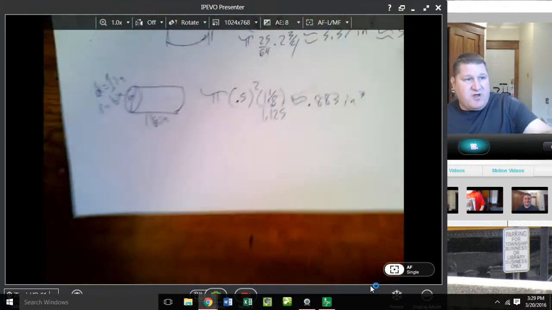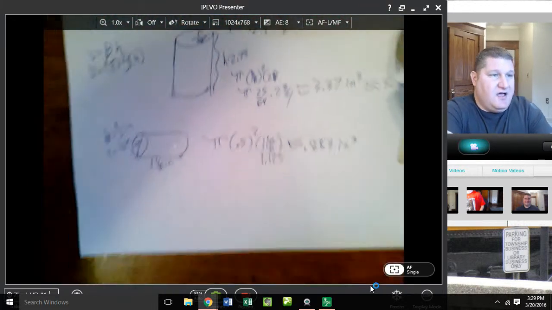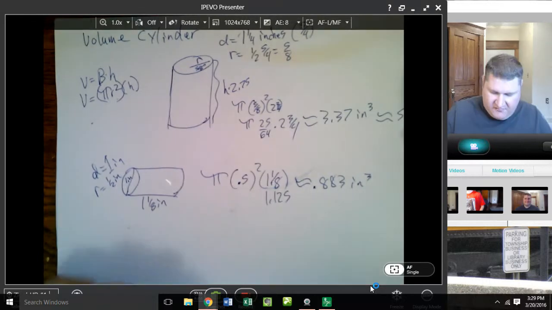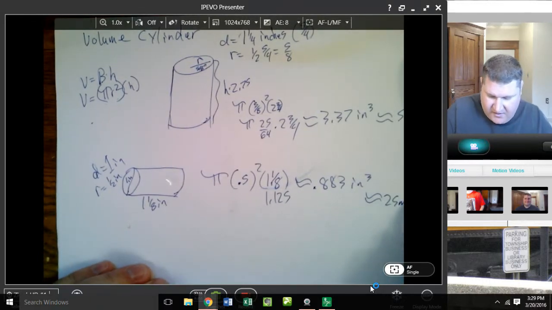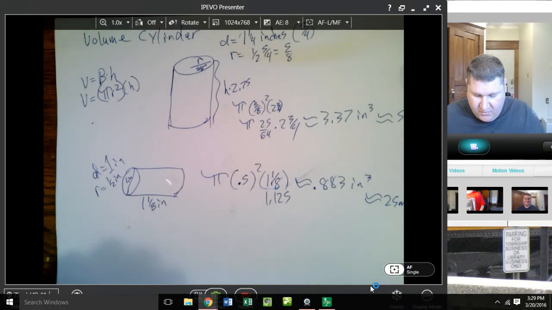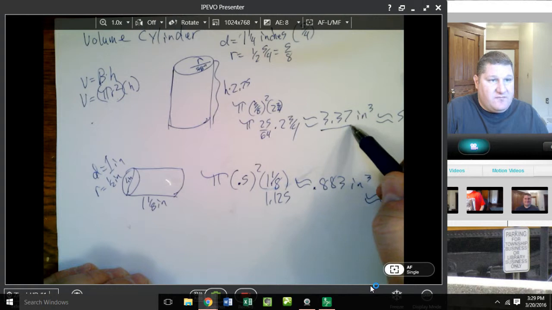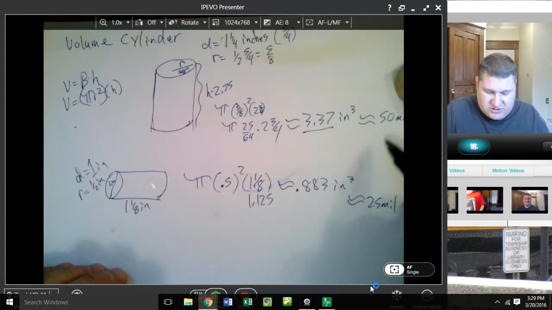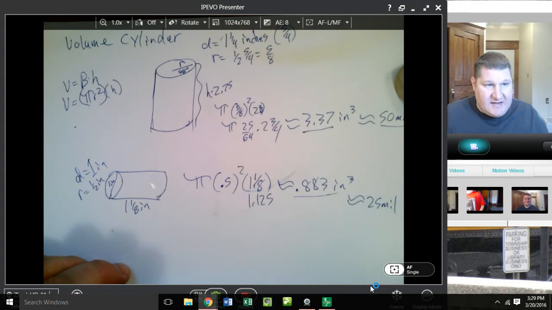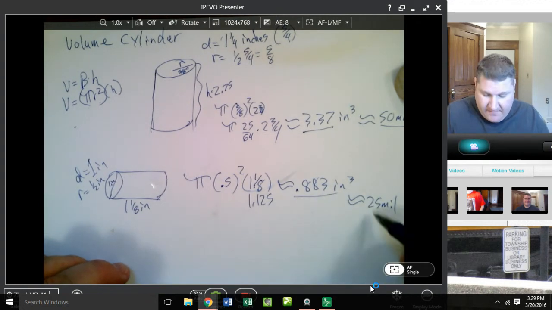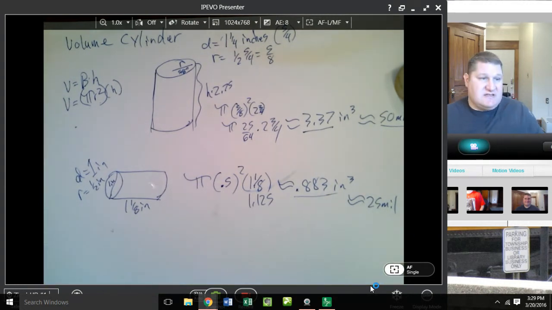So it's going to be approximately 25 milliliters. In fact, it may not even have gone up quite that much. Because if I take a look up here, if 3 inches cubed is about 50 milliliters, then 0.88 should only be about a third of that. So maybe we're even a little less than that.